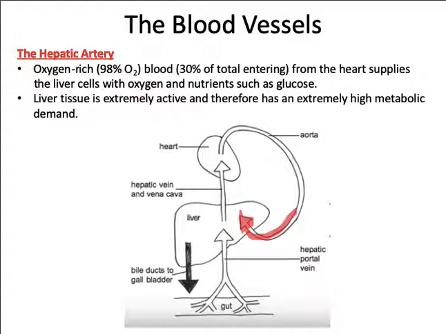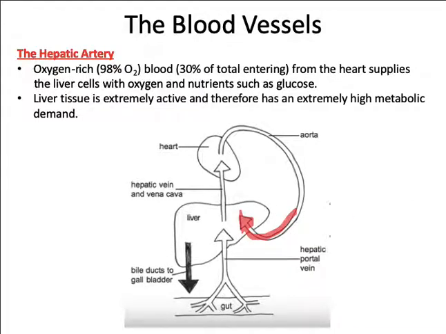And it's roughly 25% of the cardiac output. So about 25% of the blood that comes out of the heart via the aorta is actually supplied into the liver directly, of which this is about 30% of the blood that comes into the liver.